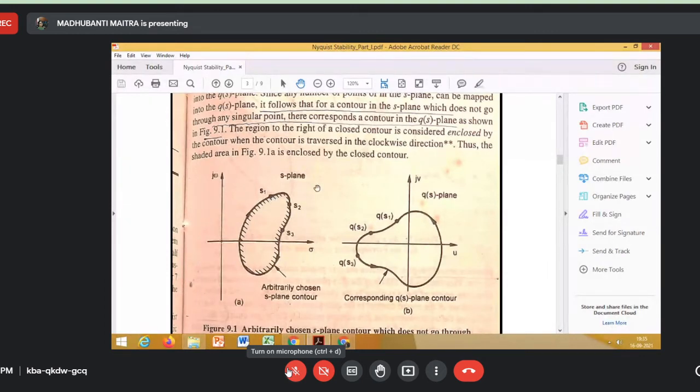So now, here is our mapping function QS. QS is given. So for this S1, we'll get some QS1, and that point can be located on this QS plane. This is QS1. Similarly, for S2, we'll have another value of QS, that is QS2, and again we can locate that point on the QS plane.